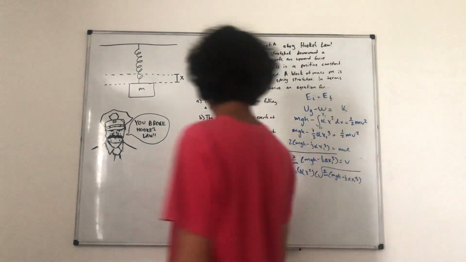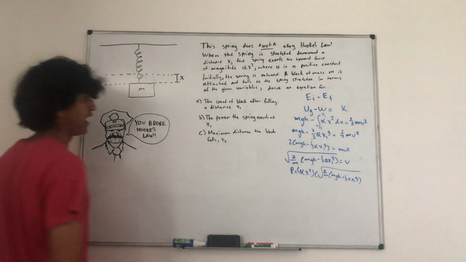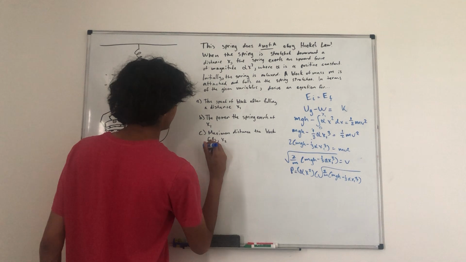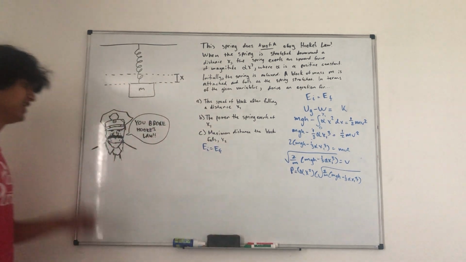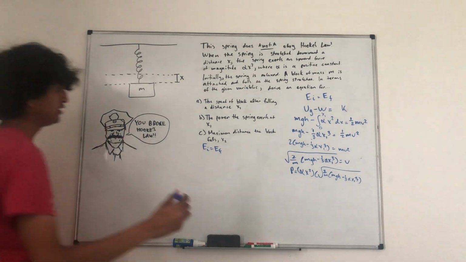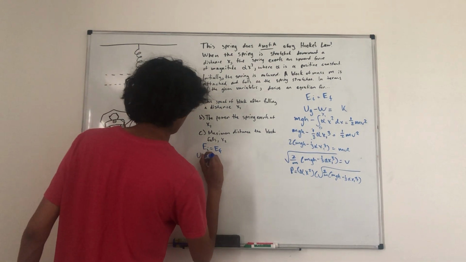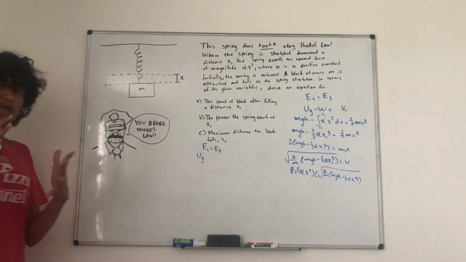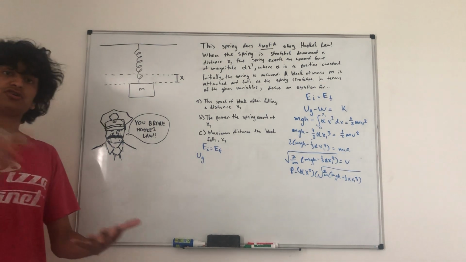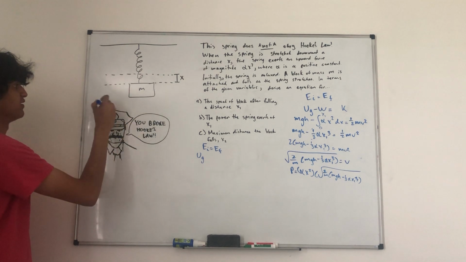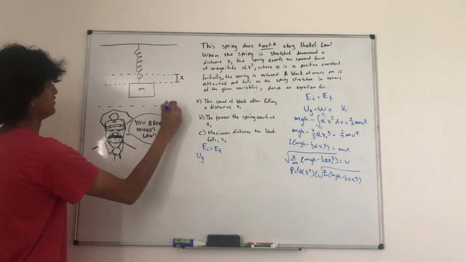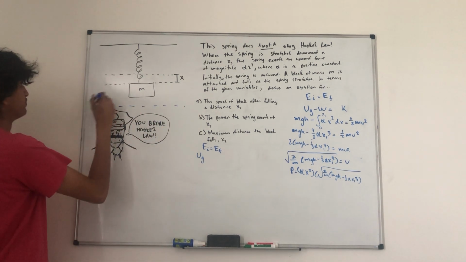Well, what we would do is, once again, another energy statement where energy is conserved. E initial equals E final. In this case, the energy initial is going to be UG. And the spring is going to remove energy from the system. And we're going to say UG relative to that final distance, whatever that final distance is, x2.